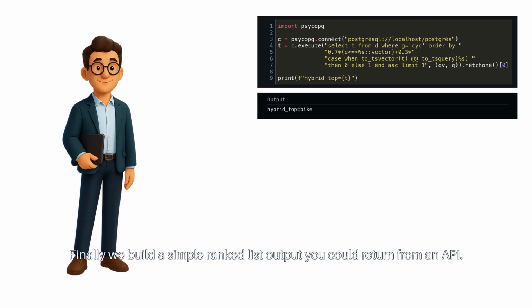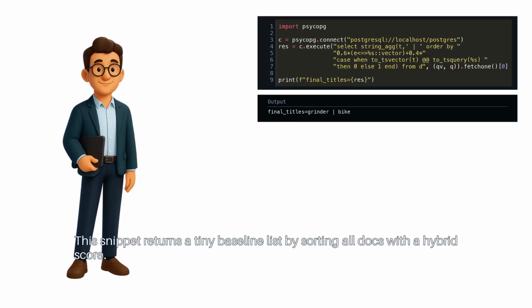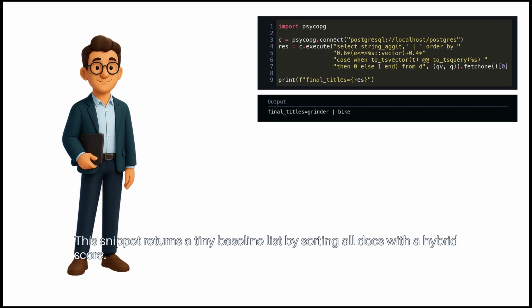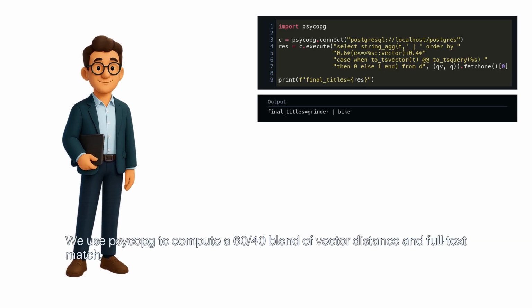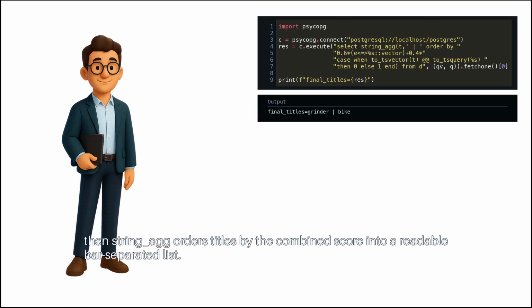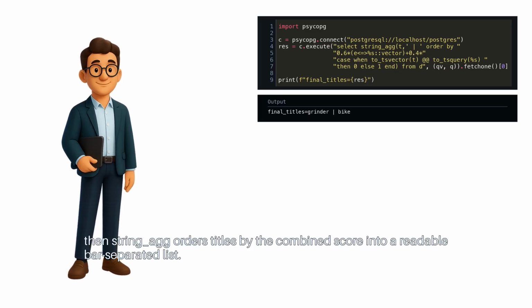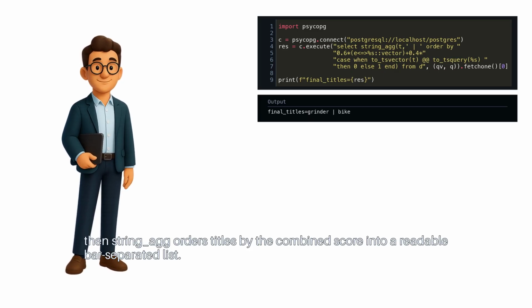Finally, we build a simple ranked list output you could return from an API. This snippet returns a tiny baseline list by sorting all docs with a hybrid score. We used psycopg to compute a 60-40 blend of vector distance and full text match. Then string_agg orders titles by the combined score into a readable bar-separated list.